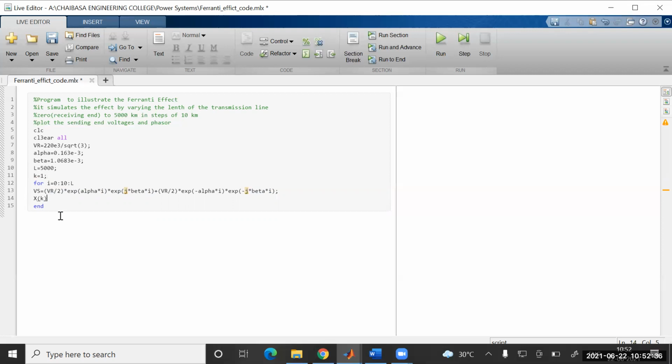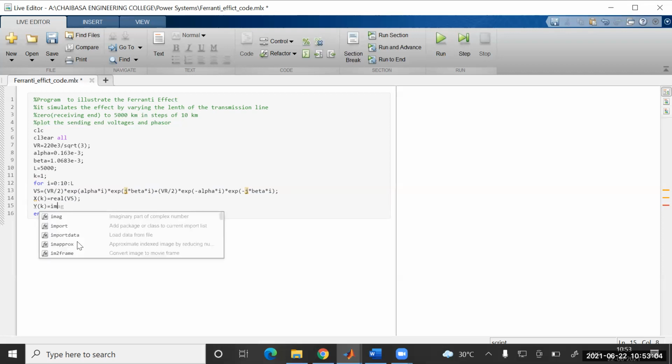Now we'll take x as the real value of this entire thing, all the real values will be solved, so it will take the real part of vs. Then we'll take y as the imaginary part, and write it equals to imag of vs. This has been done.